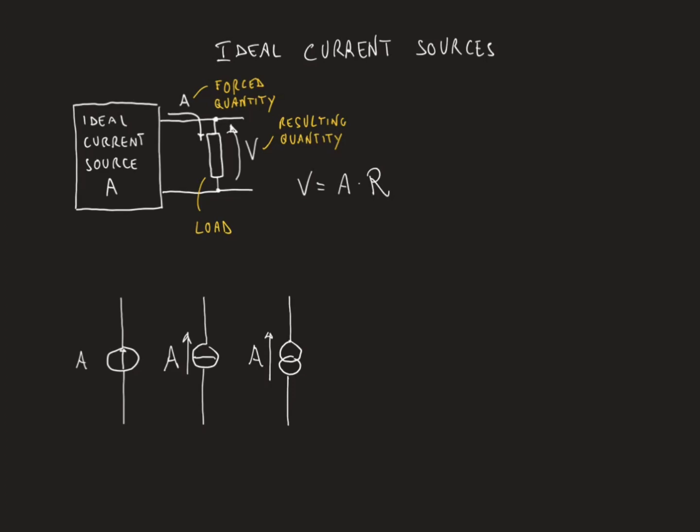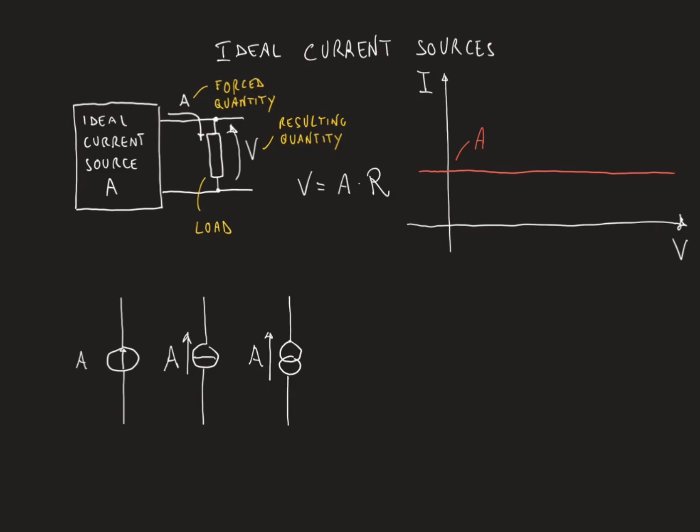In the case of an ideal current source generating a current signal, so a current changing in time, the current forced into the load at any time instant is independent of the voltage drop resulting across the load at that instant. This plot represents the so-called current voltage characteristic of an ideal current source generating a constant current A.